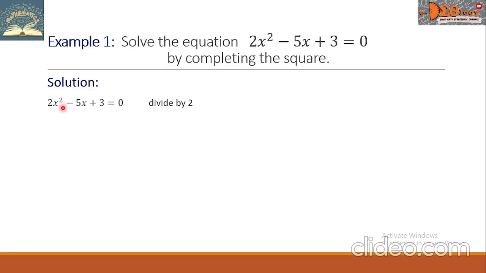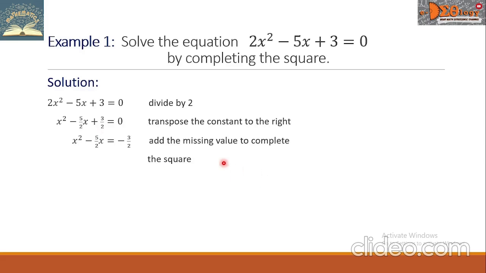We want the coefficient of x squared to be 1. So this equation now becomes x squared minus 5 over 2 x plus 3 over 2 equals 0. Then we transpose the constant to the right. The constant is the 3 over 2. It comes to the right as negative 3 over 2.